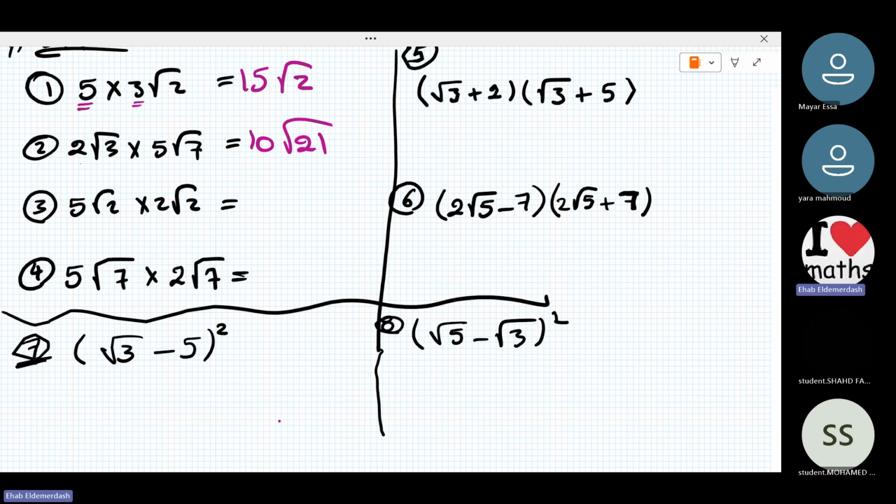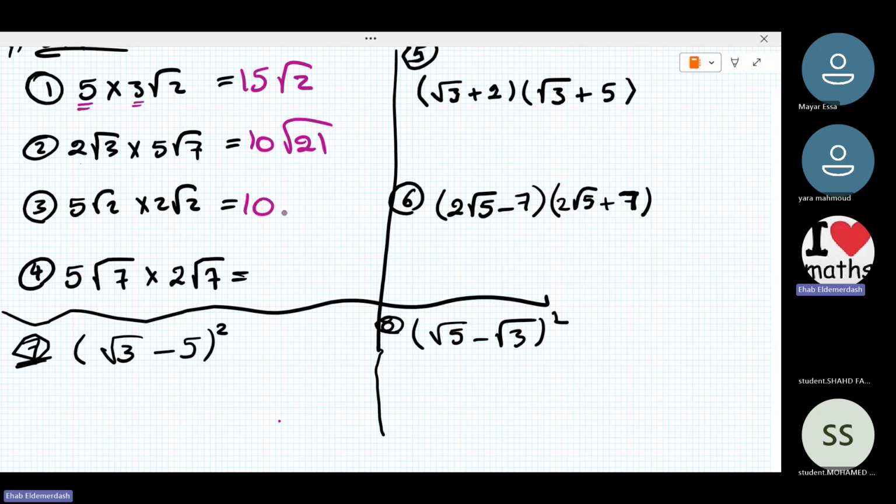There is a whole number, I multiply the whole numbers together. There is a root, I multiply the roots together. Root 3 with root 7 is the square root, so I make it root 21. On the other hand, 5 multiplied by 2 gives me 10.